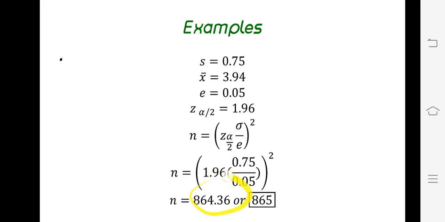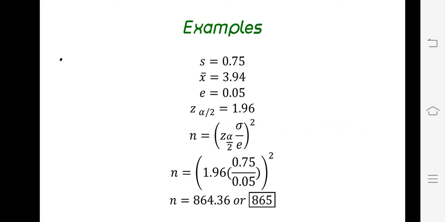Since the minimum is 864.36, we cannot have 864. So the smallest sample size is 865.